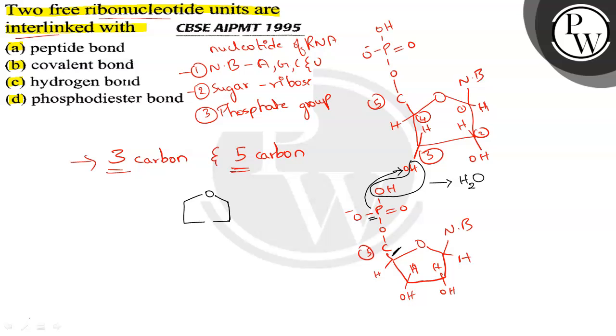So this is the molecule with the oxygen. As the hydrogen atom is removed, only the oxygen is left over, and the OH group of the phosphate of the fifth carbon is also removed. So it forms a bond with the oxygen of this nucleotide. So this is the third carbon, and this is the fifth carbon.